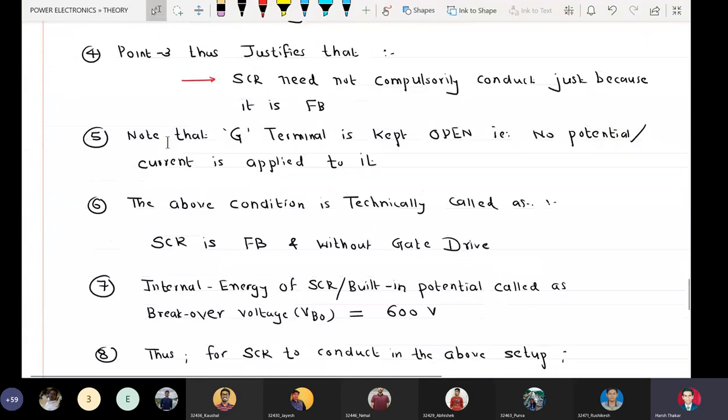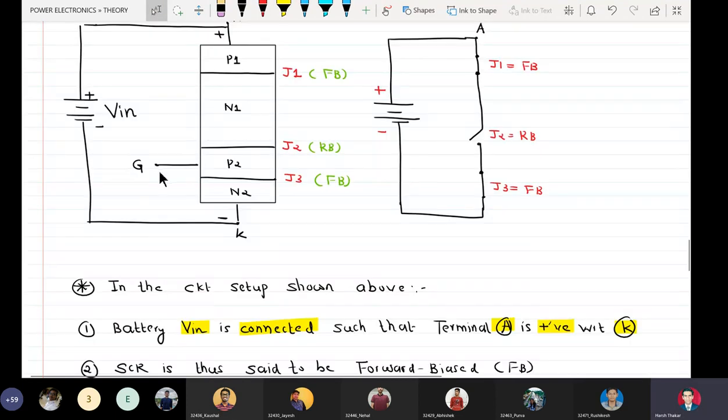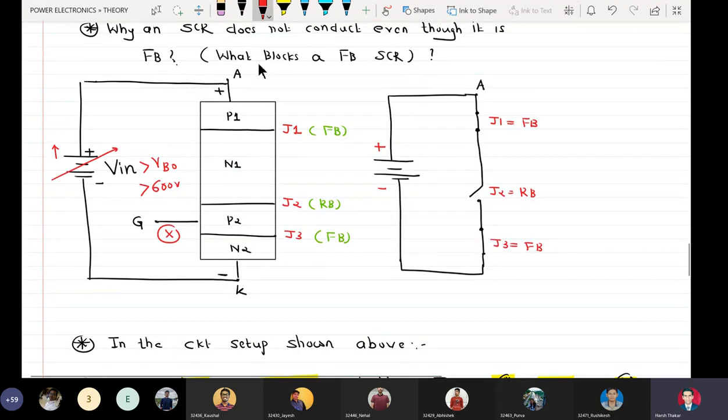That in the absence of gate drive, this battery potential Vin must be increased to a value such that Vin exceeds VBO, that is, it exceeds 600 volts. At the same time, the device current IA shown here should also exceed another critical value called the latching current.